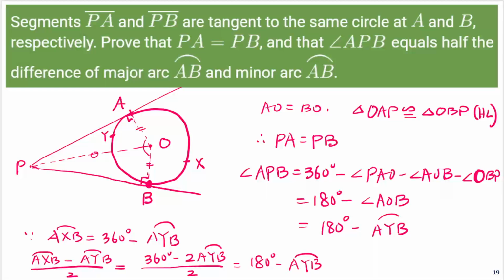This is exactly the same as the expression of the angle APB. Thus, we have proved angle APB equals 1/2 of the difference of the two arcs, AXB and AYB. Did you get it?